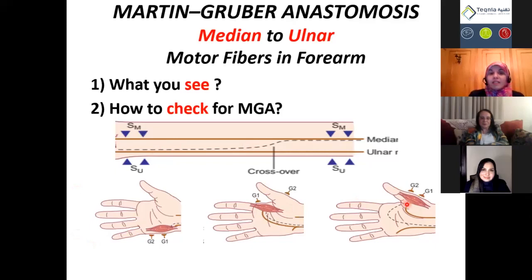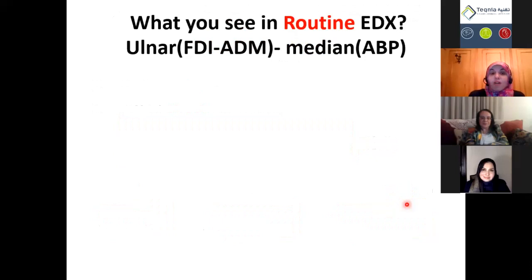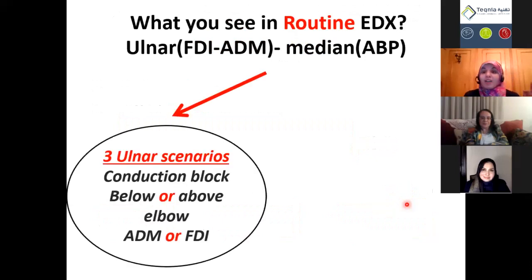I would like to see how you're going to check for Martin-Gruber. We have three ulnar scenarios. When stimulating routine ulnar nerve, recording from FDI or ADM, what are you going to see to suspect Martin-Gruber? Conduction block below the elbow or above the elbow.